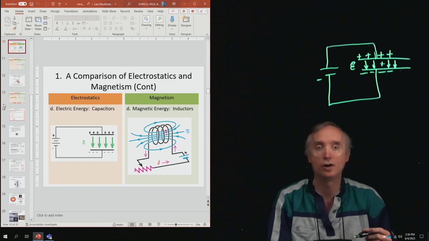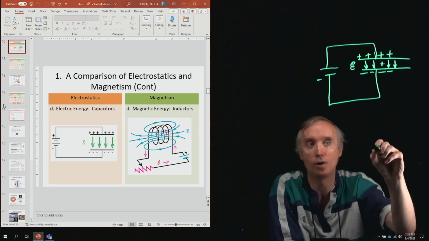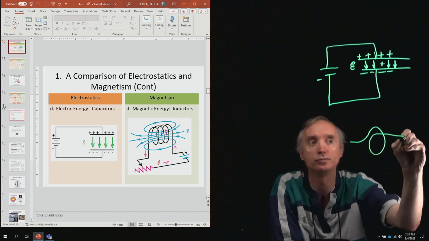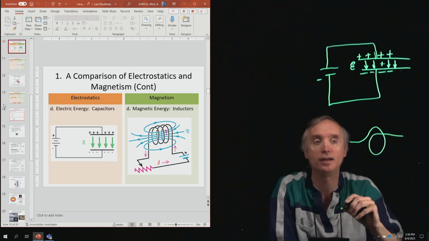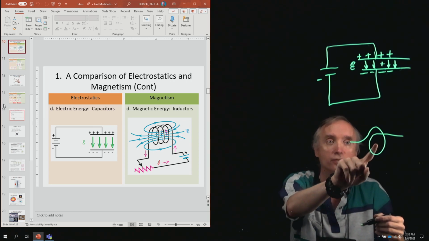So you should know that if you were to take a straight wire and then turn it into a loop like this, then it is going to cause a magnetic field to develop in there.